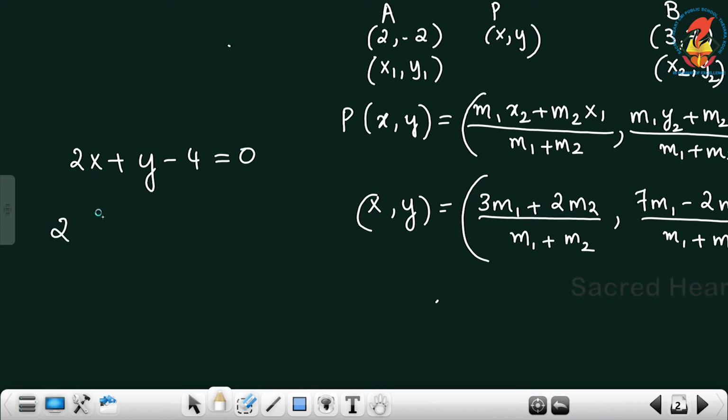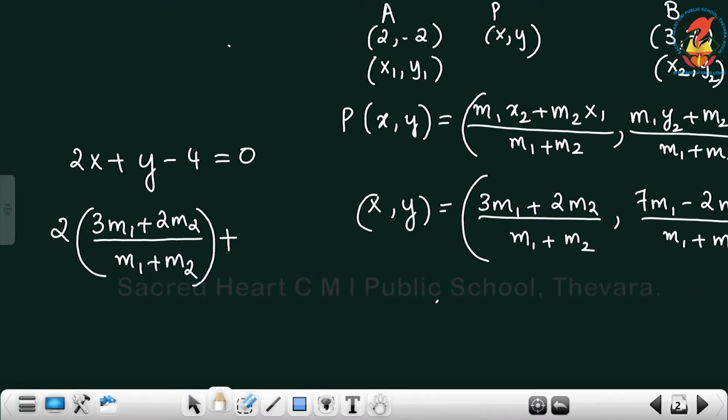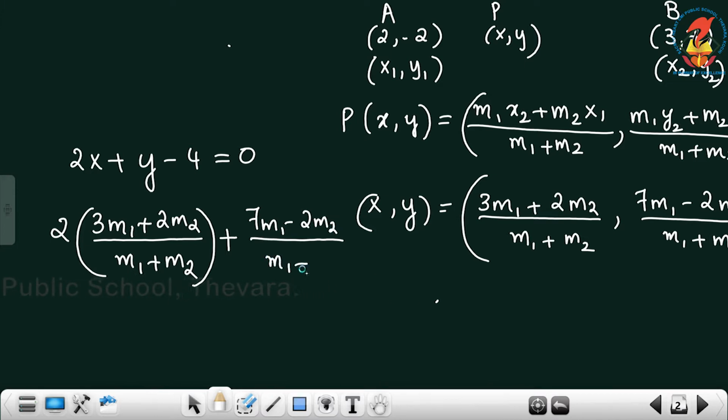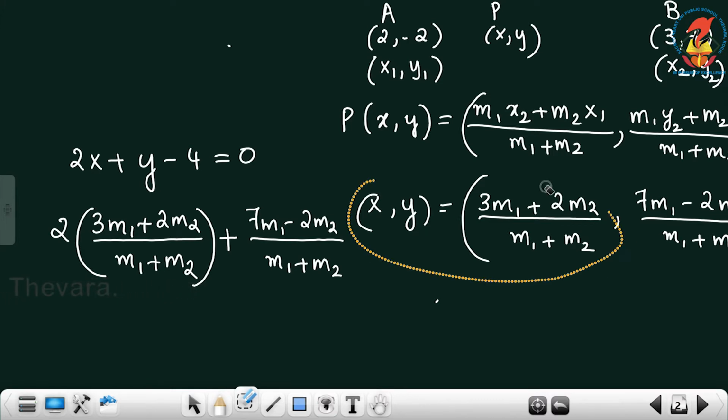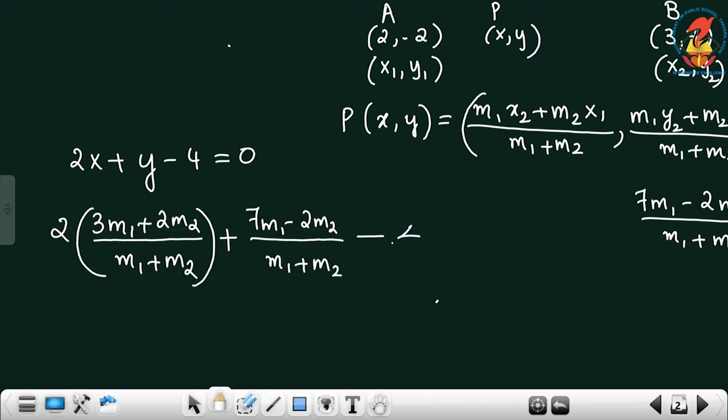So 2 into 3m1 plus 2m2 by m1 plus m2 plus, what is the y value that you are getting? 7m1 minus 2m2 by m1 plus m2 minus 4 equals 0.